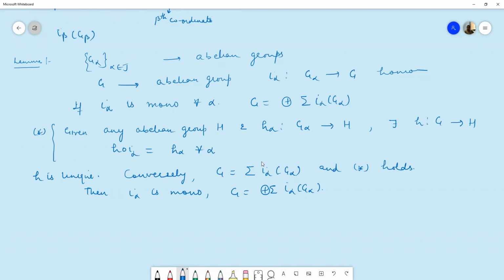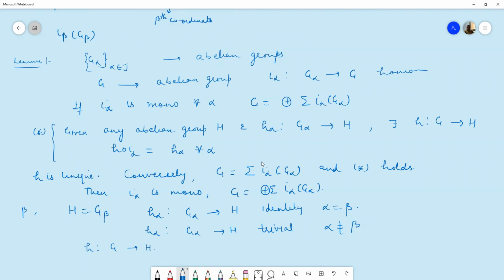Now given any index beta, we define H to be equal to G beta, and we define H alpha to be the identity homomorphism whenever alpha is equal to beta, and the trivial homomorphism when alpha is not equal to beta. Then by the extension condition, there exists a homomorphism H from G to H which satisfies H circle I beta is equal to H beta.